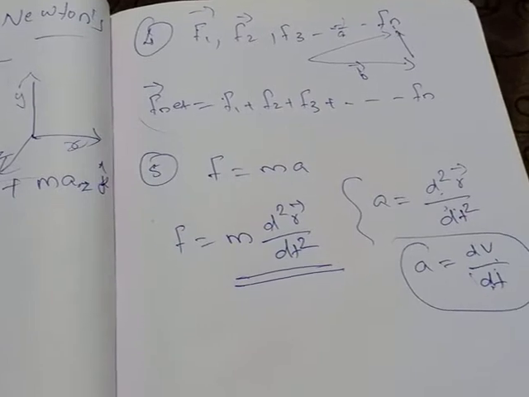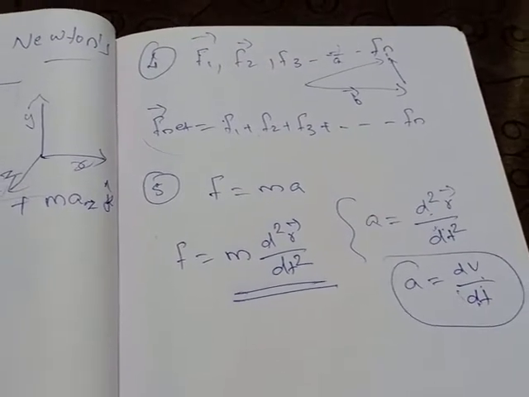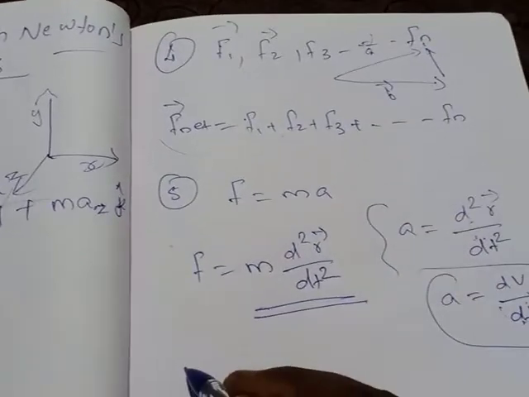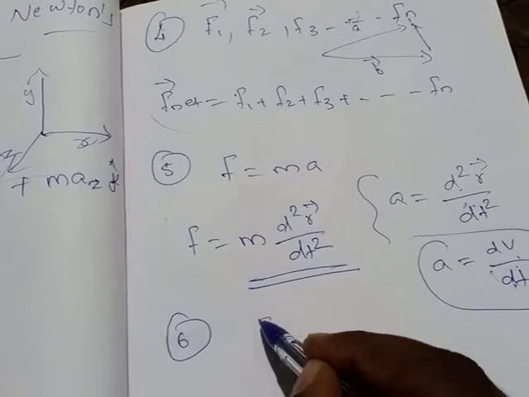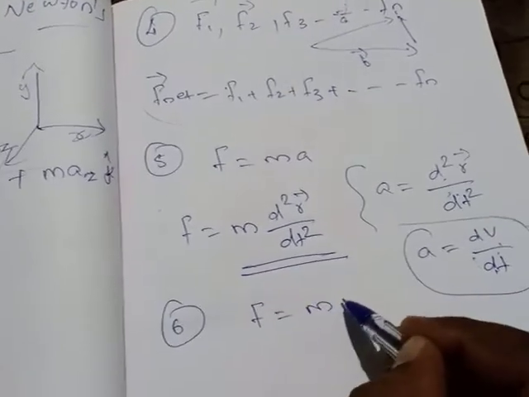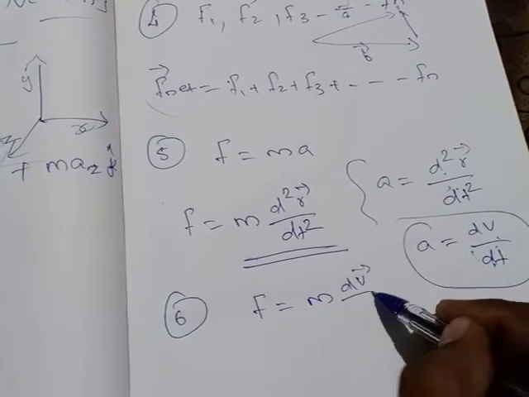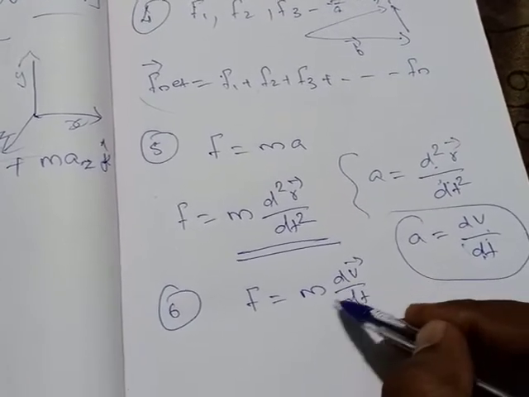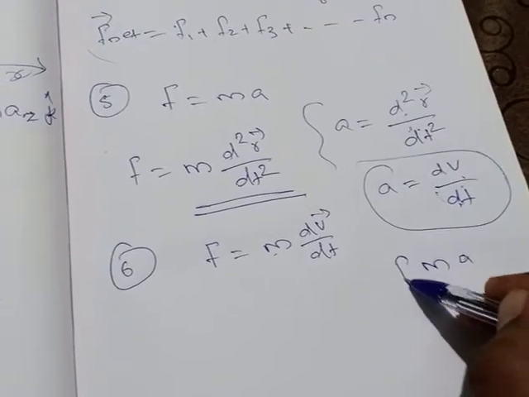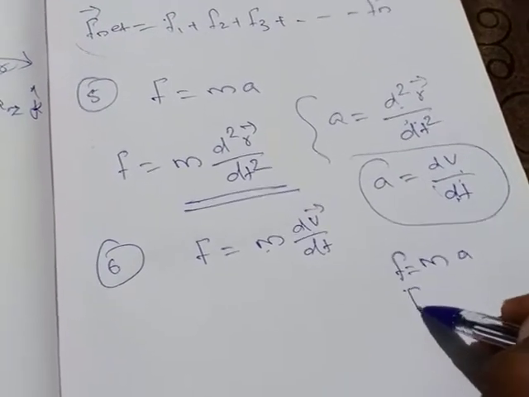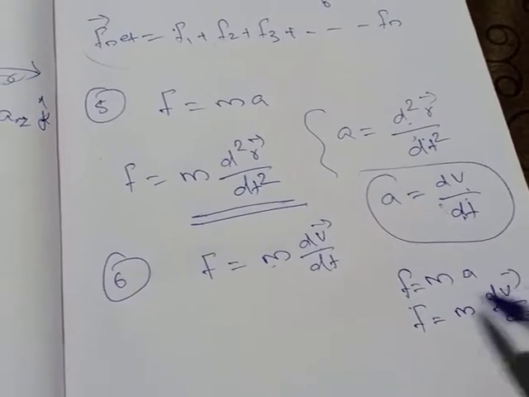The sixth point is, if no force acts on the body, then Newton's second law. Assume one object has no force acting on it. Newton's second law, F is equal to ma, and the same we write as m into dv by dt.